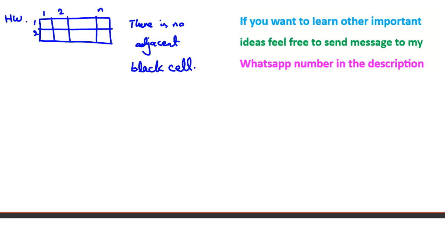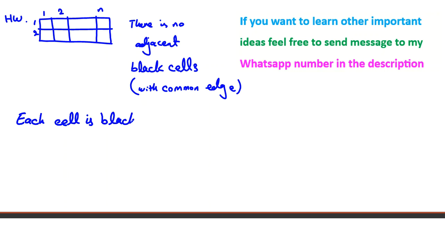And adjacency means with a common edge. And each cell is black or white.